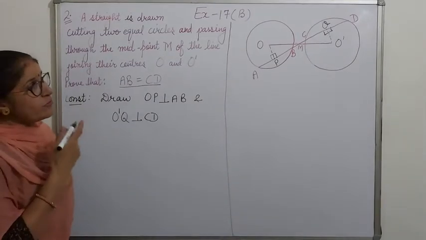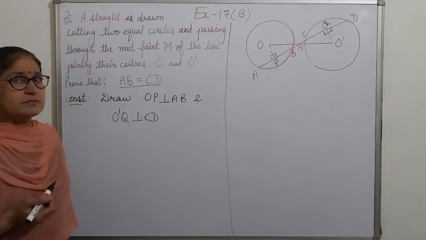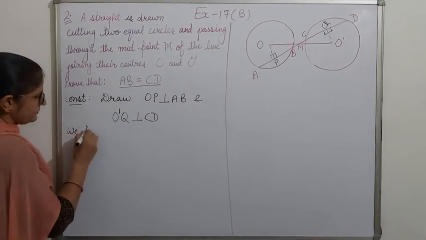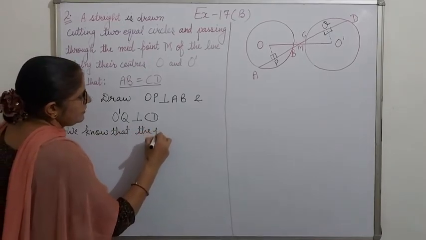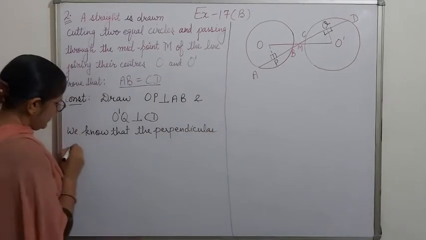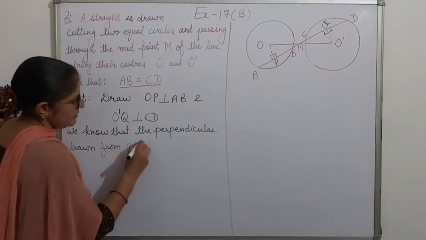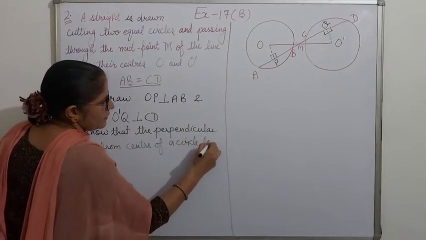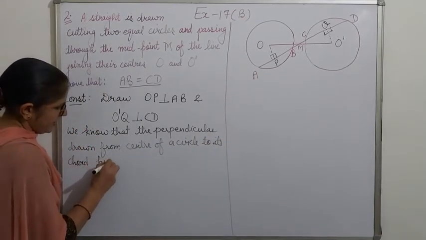Now what is the property? When a perpendicular is drawn from the center to the chord, that chord is bisected by this perpendicular. So we write here, we know that the perpendicular drawn from the center of a circle to its chord bisects it.